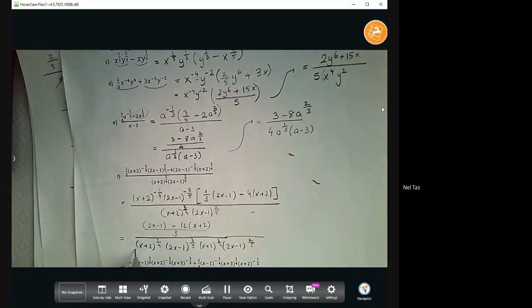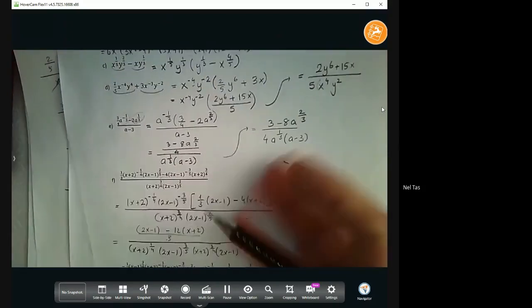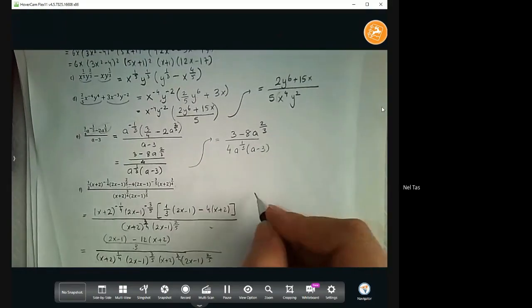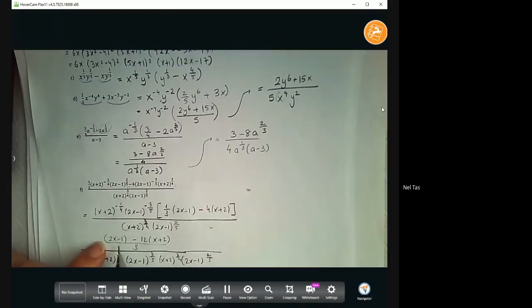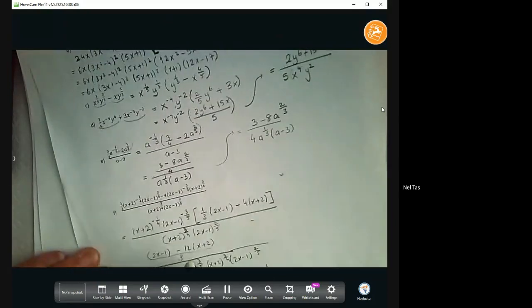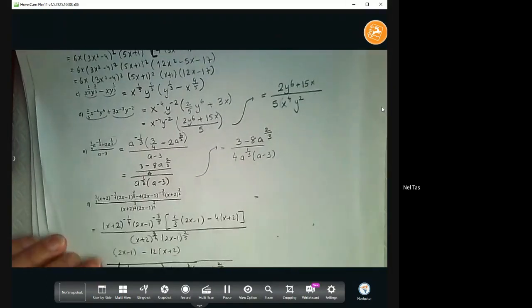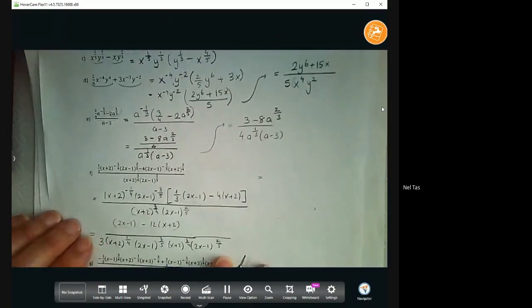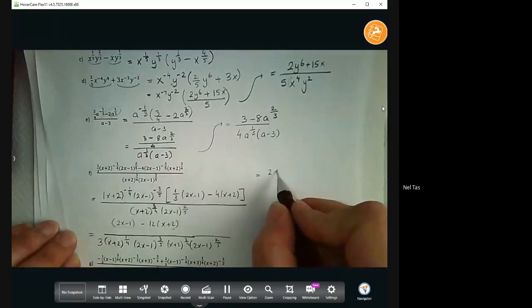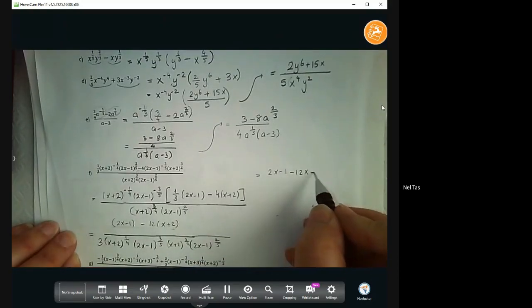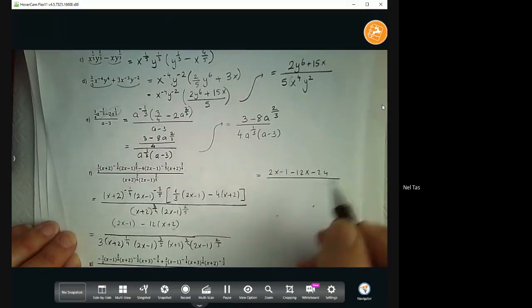Okay, so I'm just going to do it here. So now you can expand this bracket and simplify. So you get 2x minus 1 minus 12x minus 24 over 3 times.